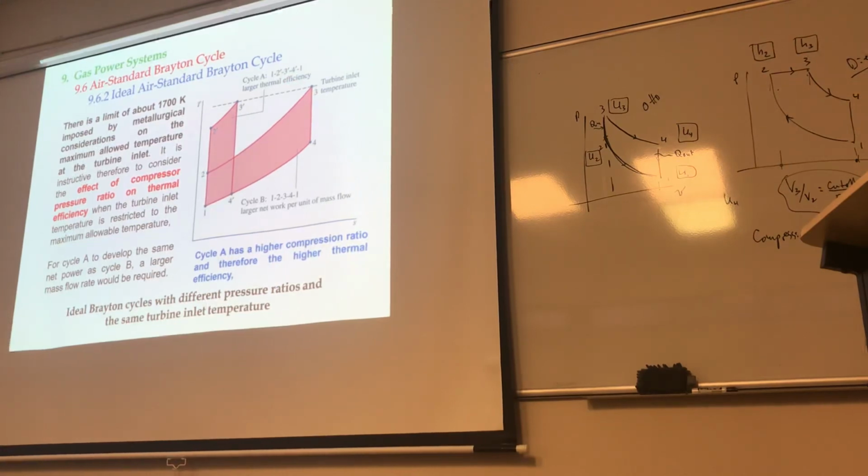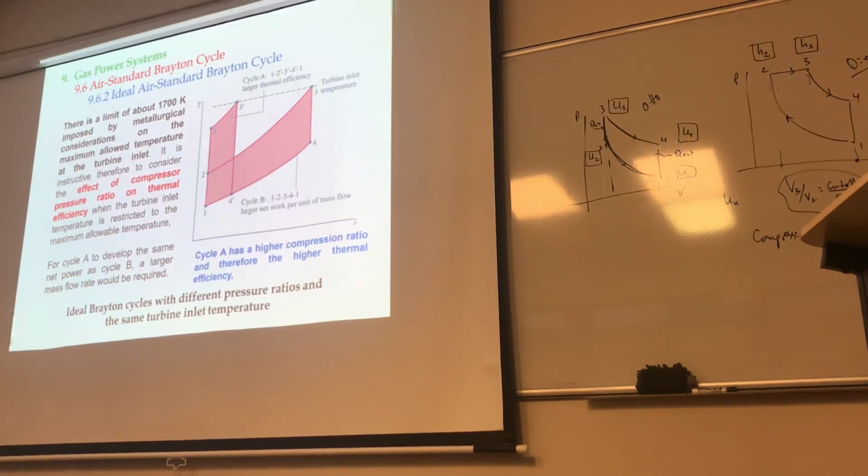But it says for cycle A, to develop the same net power as B, a larger mass flow rate would be required. Because after all, what does the area under the curve represent? The heat, right? You see here, I may get more efficiency, but I'm going to get screwed up in here because my area is not going to be as large.